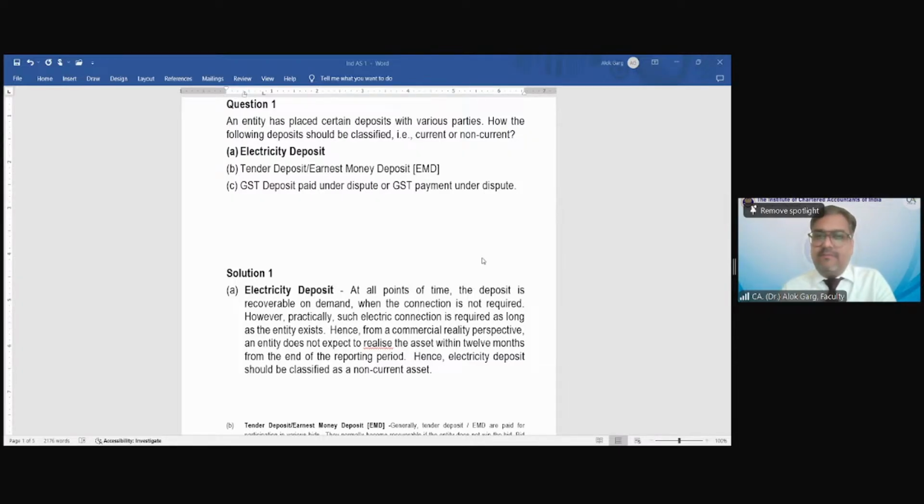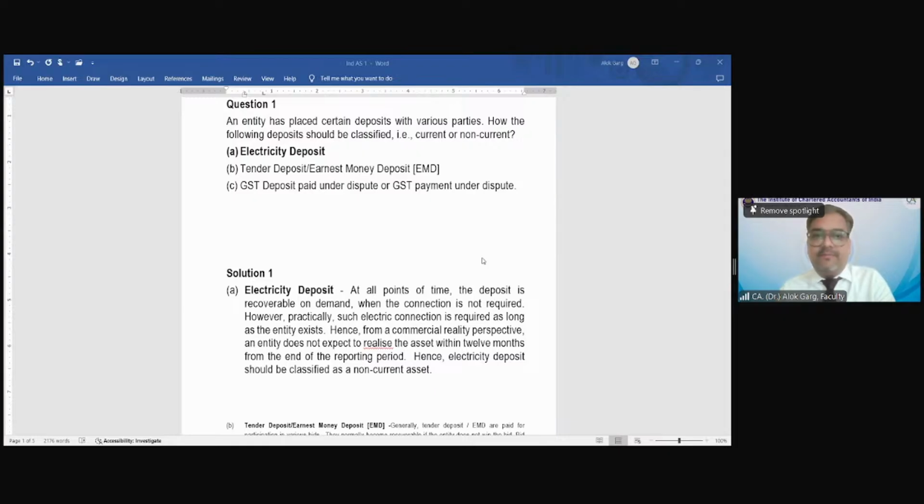In that case, should it be current or non-current? It should be current asset because the money is going to be realized within 12 months.